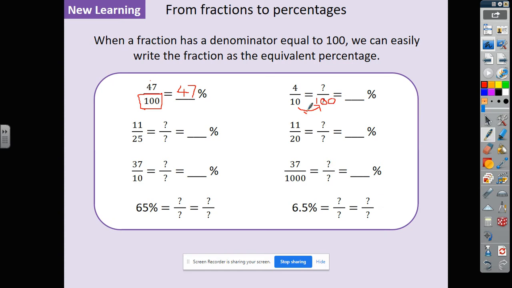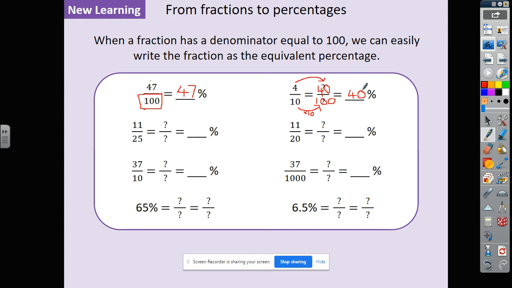So I've multiplied that by 10. So if I do the same to my numerator and I multiply that by 10, I would get 40. And that would then mean I could write this, because it's 40 out of 100, it's therefore 40%.